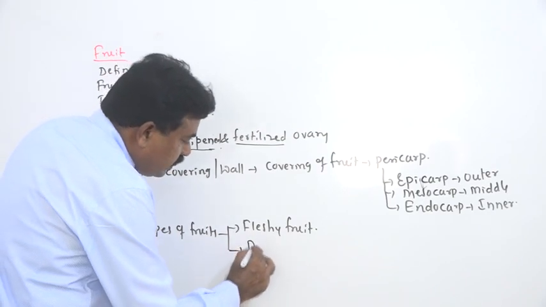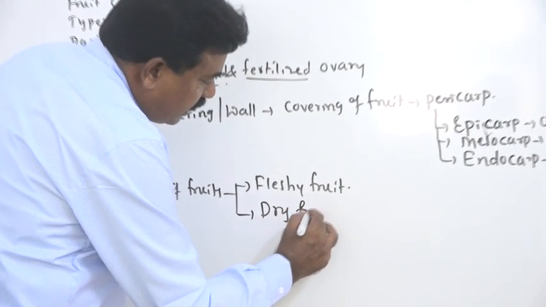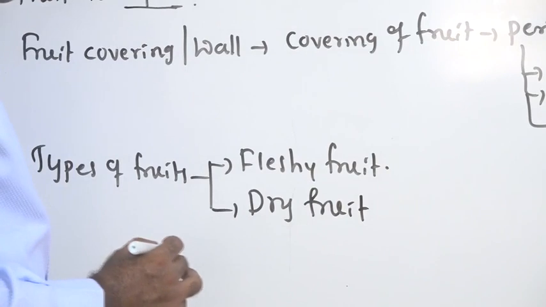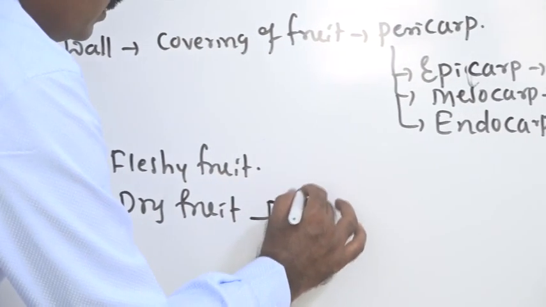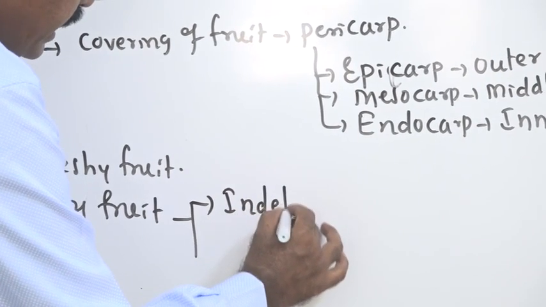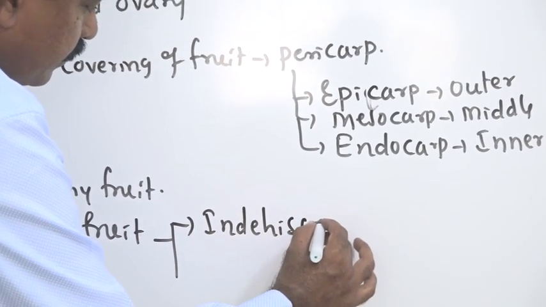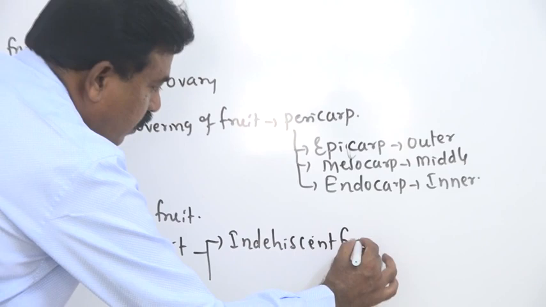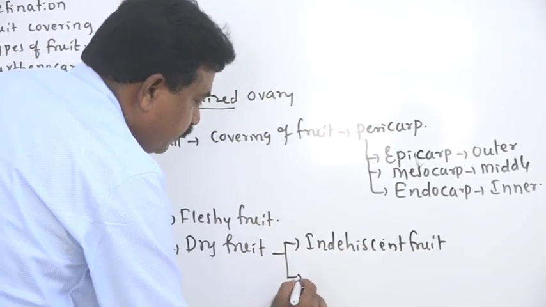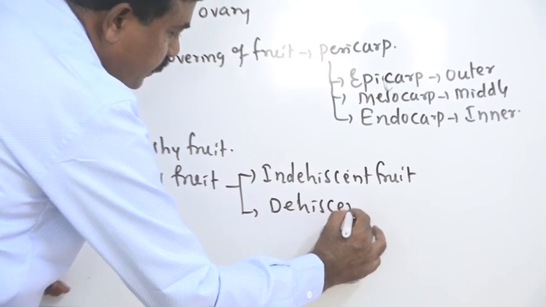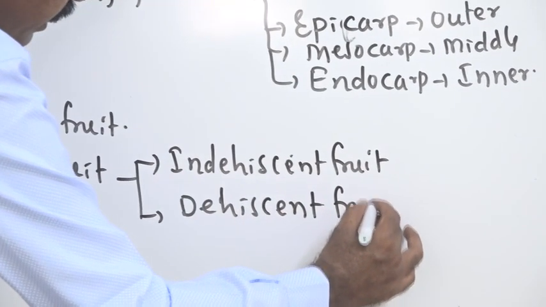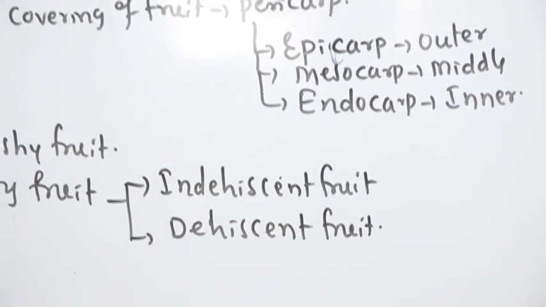Then, if the pericarp is dry, we call it a dry fruit. If it does not break at all, we call it an indehiscent fruit. Although dry, it does not break open. Then another type, dehiscent fruits, break up in a definite direction.